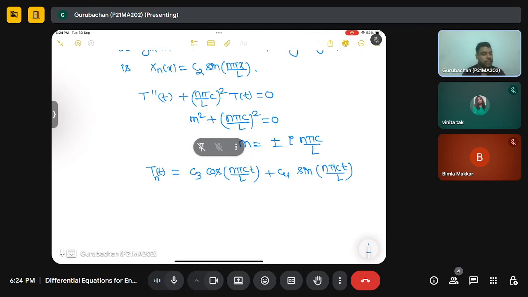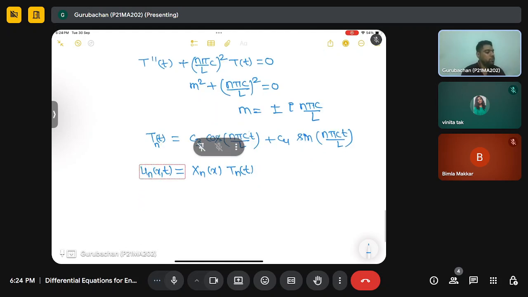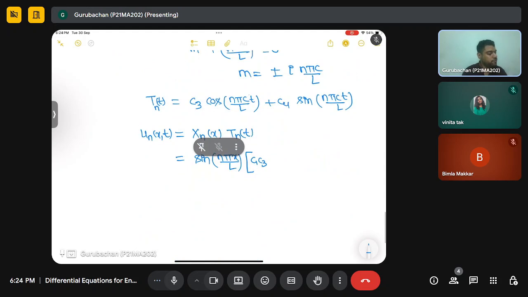So u_n(x,t) will be sin(n pi x/L) into c2 c3 cos(n pi c t/L) plus c2 c4 sin(n pi c t/L).